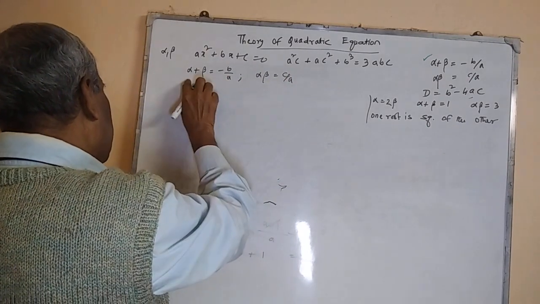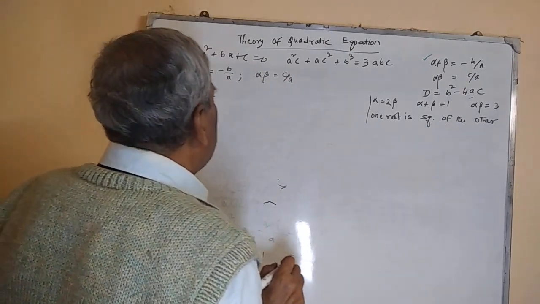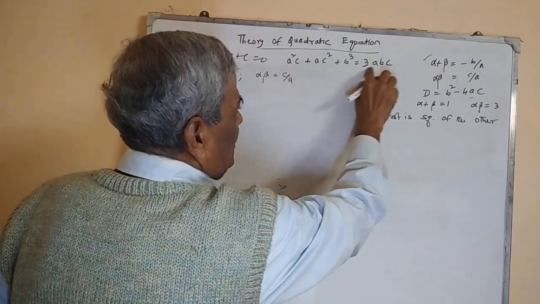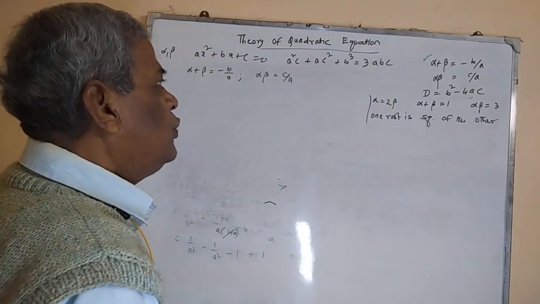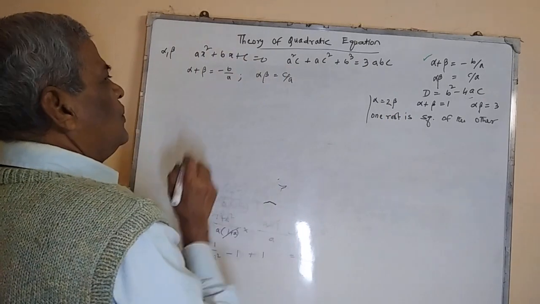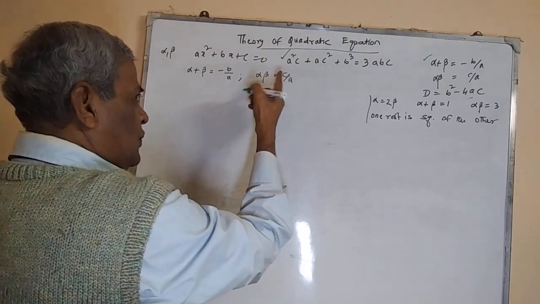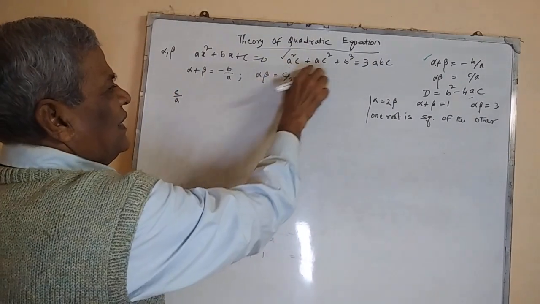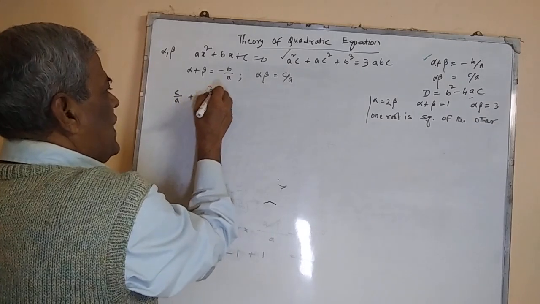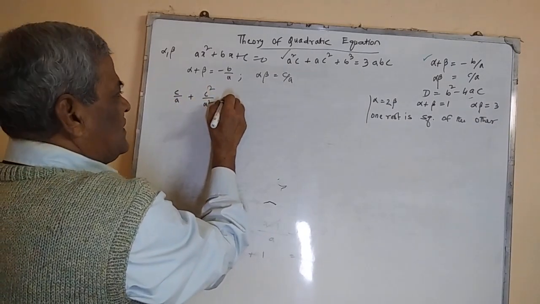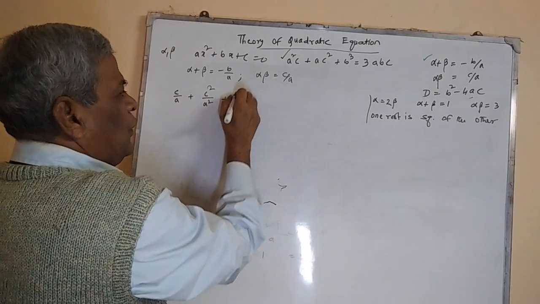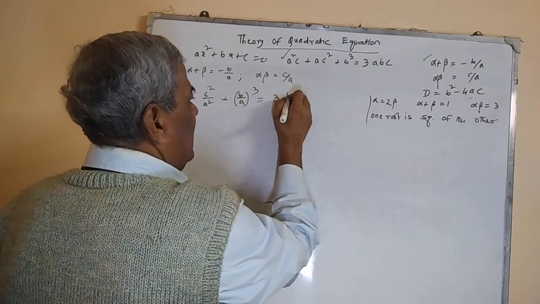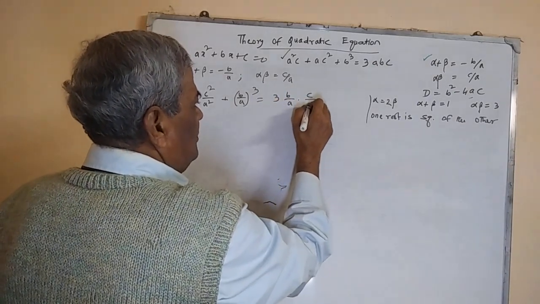You see, in these relations between roots and coefficients, a is in the denominator. Now divide throughout by a cube. Then we get c by a plus c square by a square plus b by a whole cube is equal to 3 into b by a into c by a, a cancels.